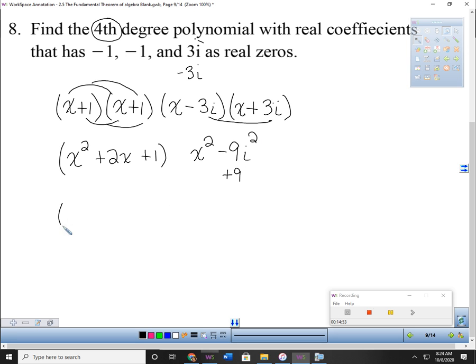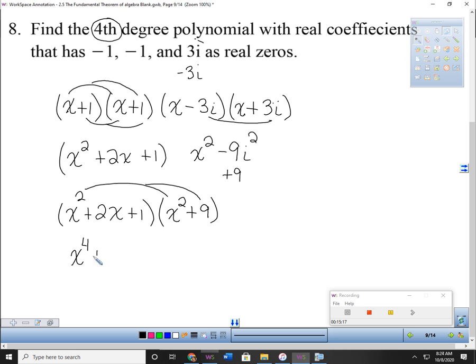So now I have the x squared plus 2x plus 1 times the x squared plus 9. Now I just have to FOIL these two together, and I will be done. So x squared times x squared gives me x to the 4th. x squared times 9 is 9x squared.